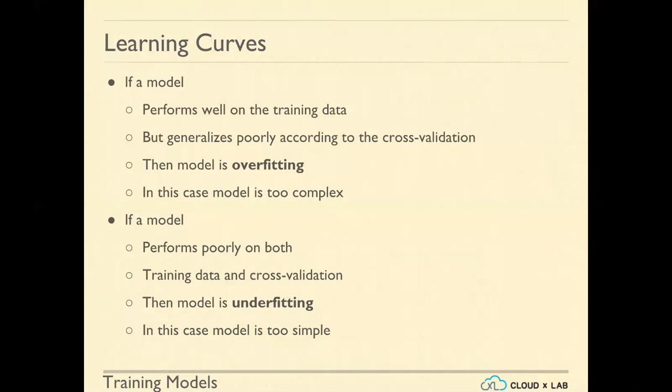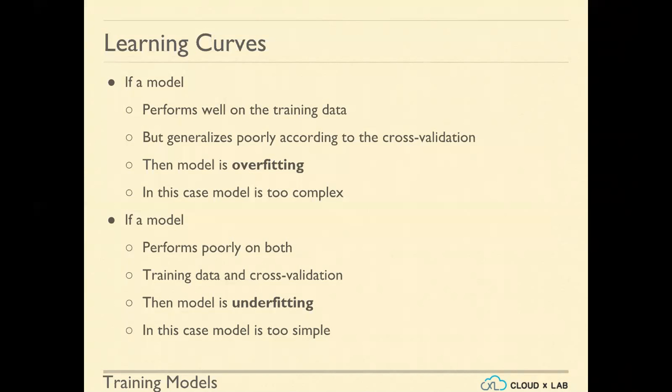So if a model performs poorly on both training as well as cross-validation, that means the model is underfitting.